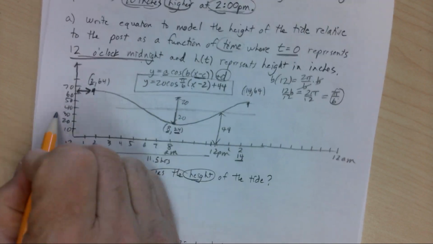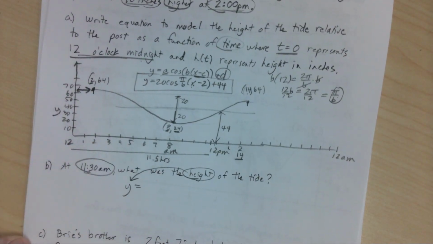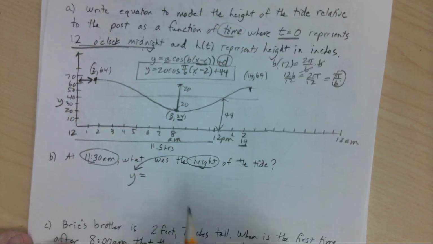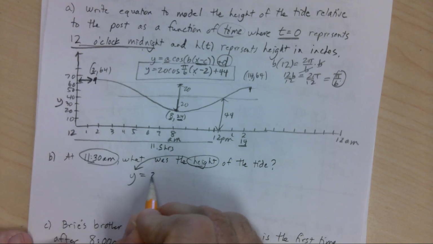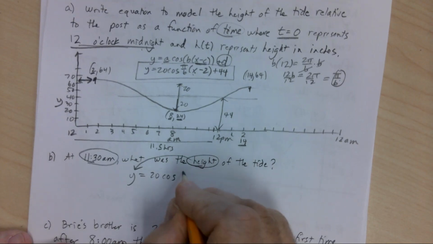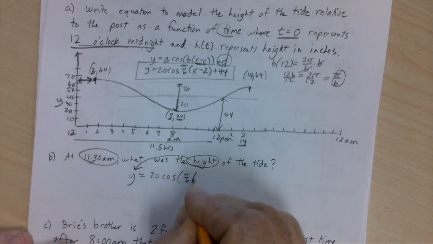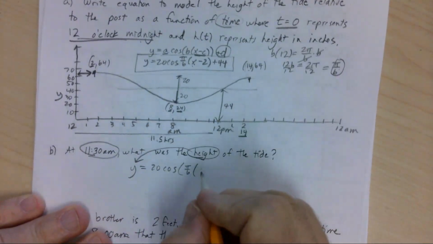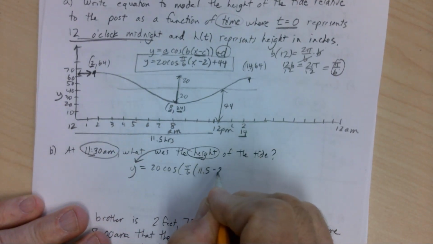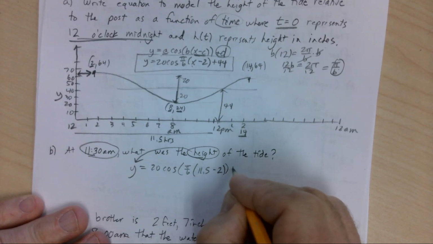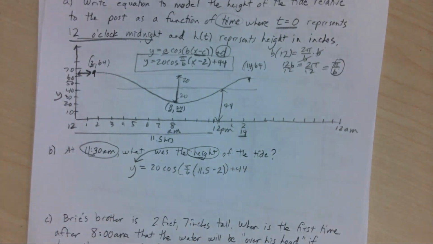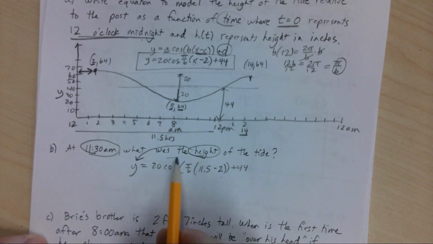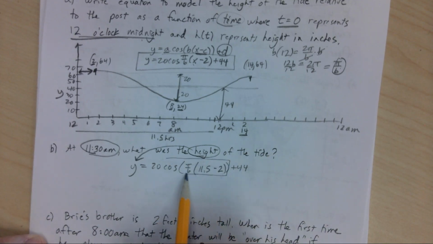Remember, that's our y-axis information. Keep all of that in mind while you're doing this. And then we get 20 times cosine pi over 6. We'll talk about that in a minute. X, we're going to put in 11.5 minus 2 plus 44. Now you got to remember PEMDAS. So we need to figure out what this is first.